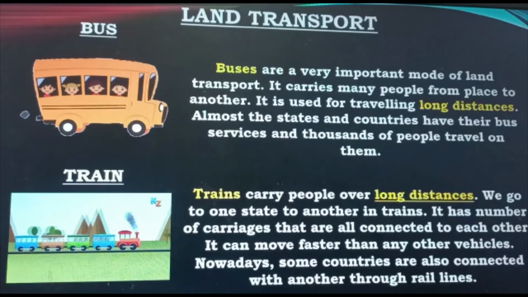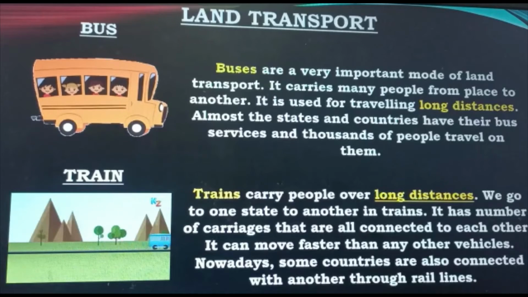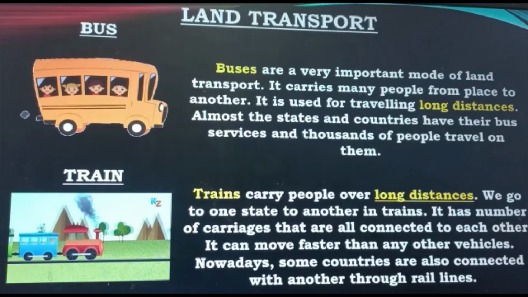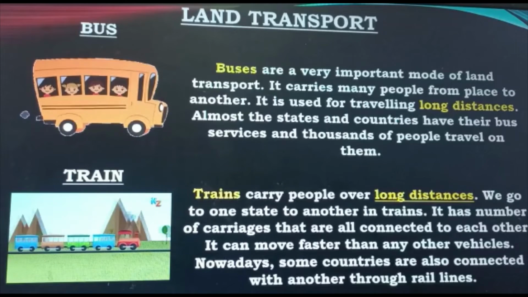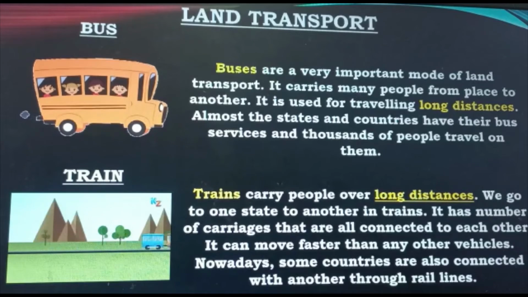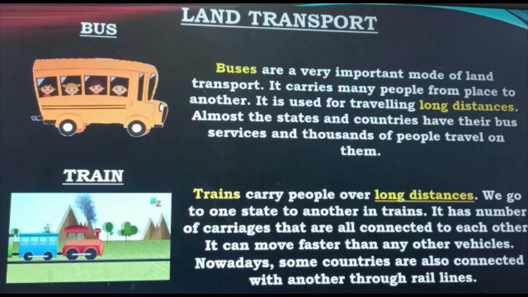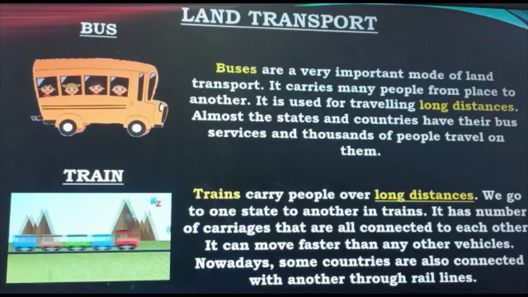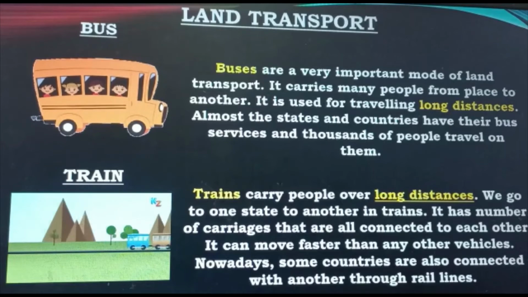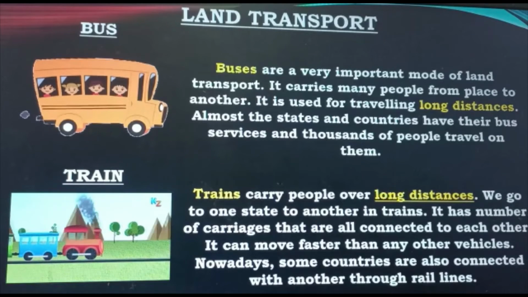Next is the train. Trains carry people over long distances. Not only people, even trains carry heavy loads. All right, we go from one state to another in trains. It has a number of carriages that are all connected to each other. It can move faster than any other vehicle nowadays. Some countries are also connected with each other through rail lines.